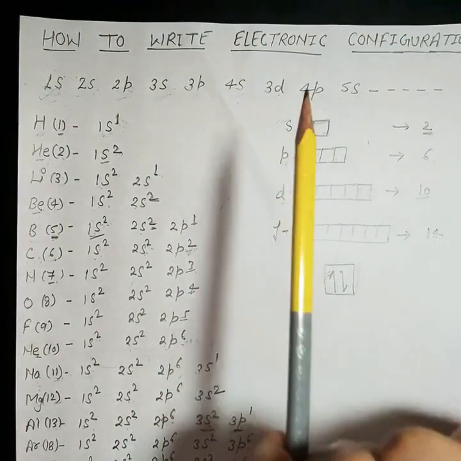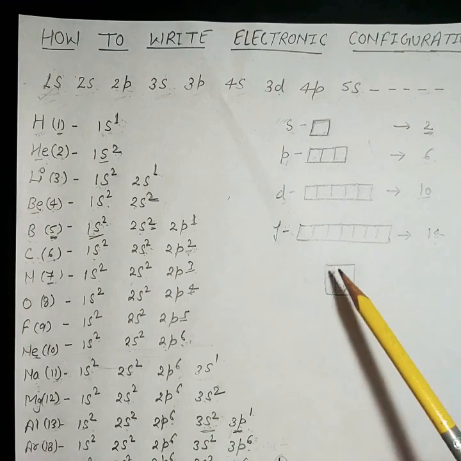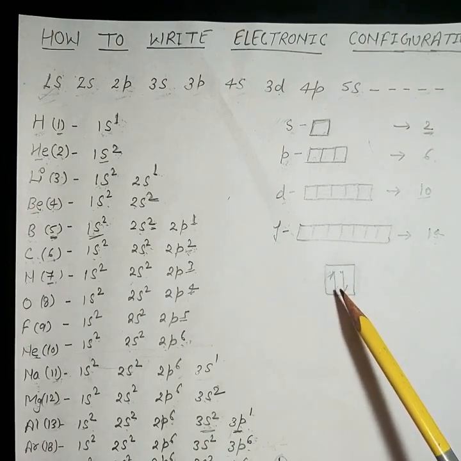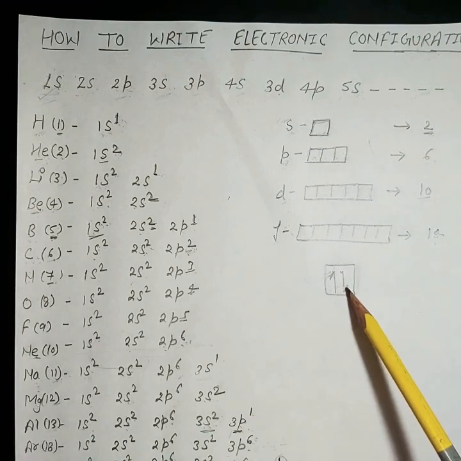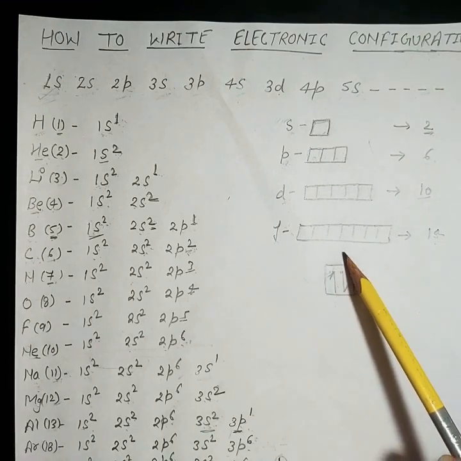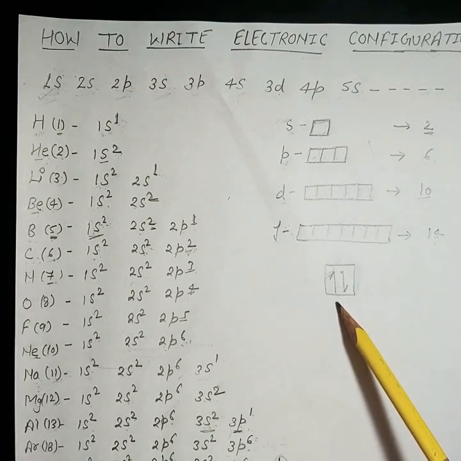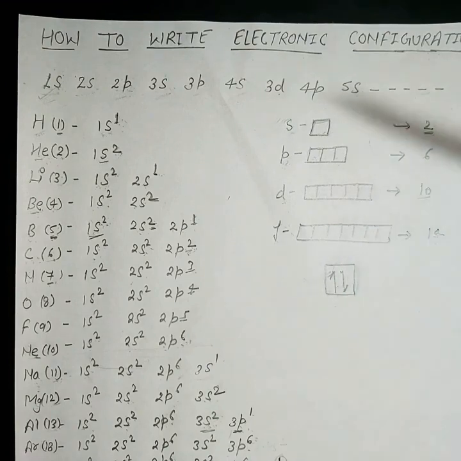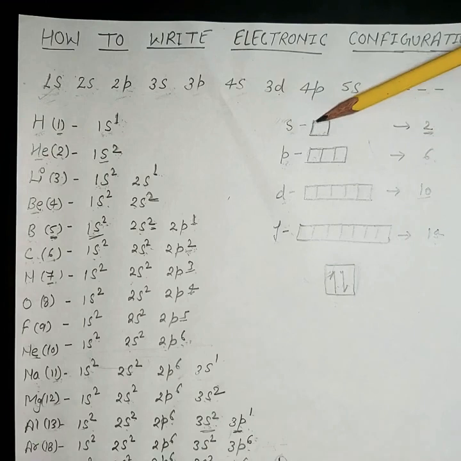And one more thing, as we know, one orbital, one square box, can have maximum 2 electrons. One is of clockwise spin and one is of anti-clockwise spin. Since the s suborbit has only one orbital, one square box, how many electrons can s have? 2 electrons.